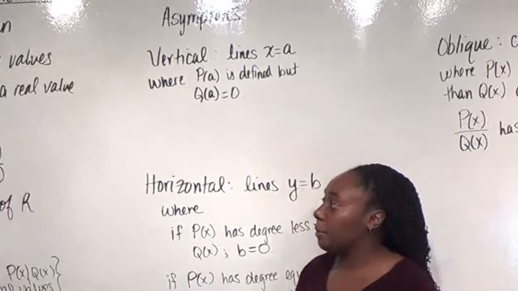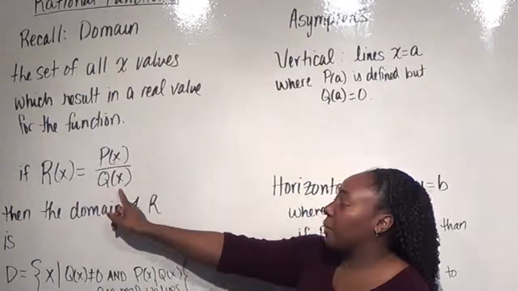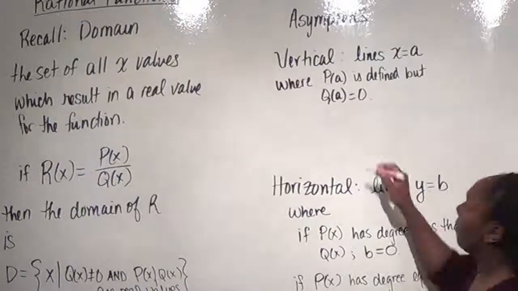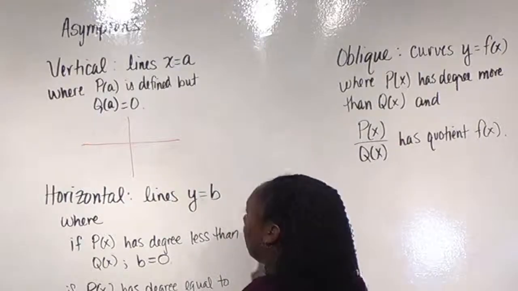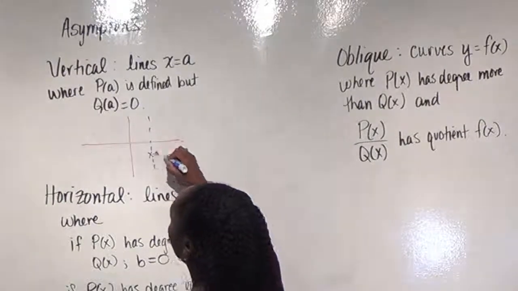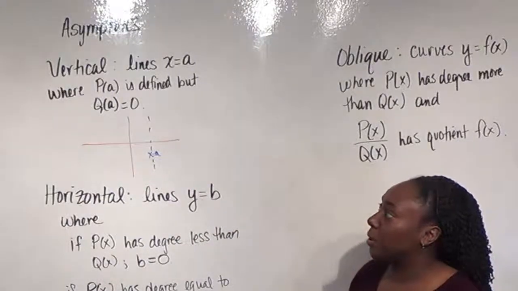So if I'm looking at my rational expression, it means I actually get a number up here, but then the bottom goes to 0. On a graph, a vertical asymptote is just going to look like some dotted line. In this case, there would be our vertical asymptote.